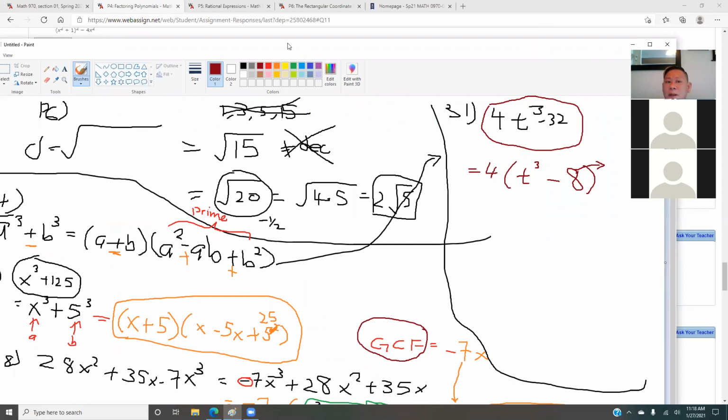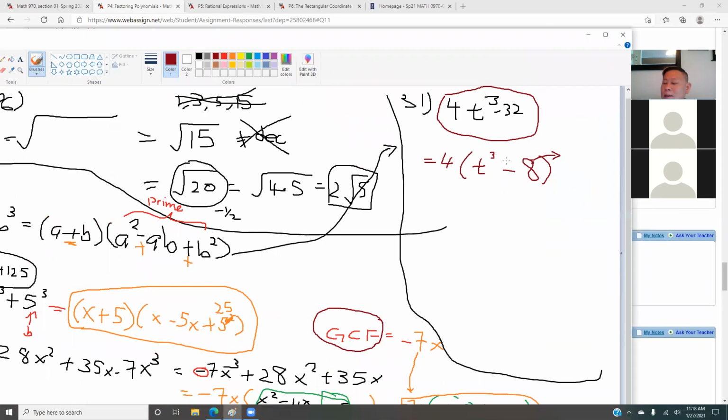Can someone tell me what 8 is? 8 is what number multiplied 3 times by itself, you get 8? 2. So t will be your A, and 2 will be your B. So now we can use this formula, but don't forget, this is a minus sign.